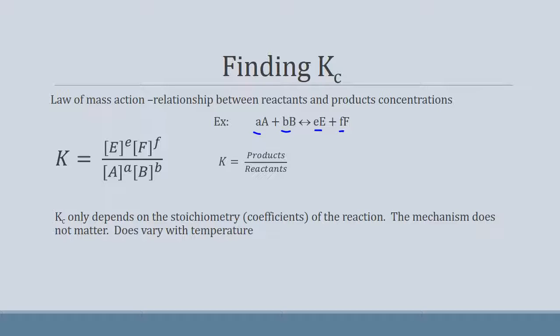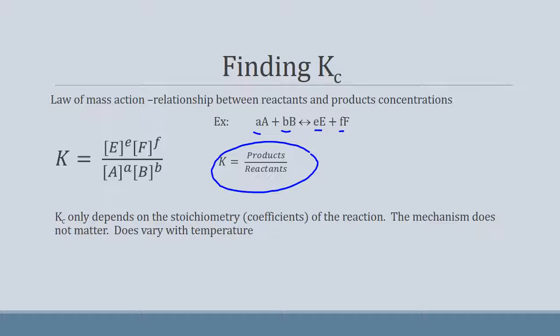I chose to use letters to help us understand. What happens when you're calculating an equilibrium value is you take the products over the reactants, and you raise each product to its coefficient, and you raise each reactant to its coefficient.